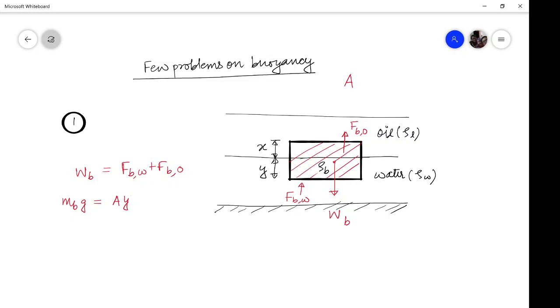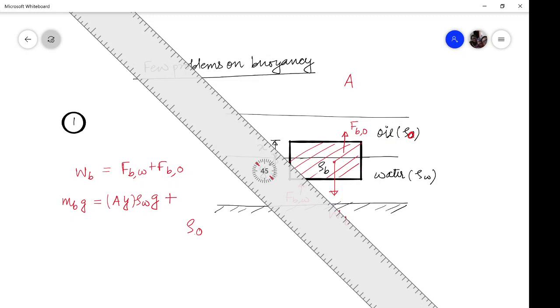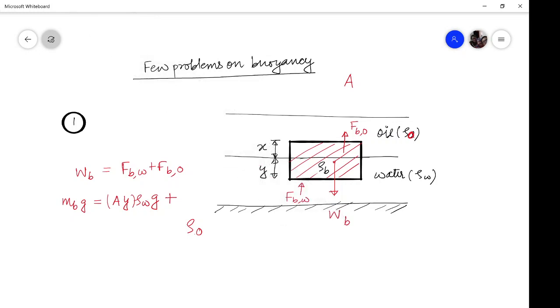Plus the oil buoyancy force, which is the weight of oil displaced by the block: rho of oil times g times the volume displaced, A times x.